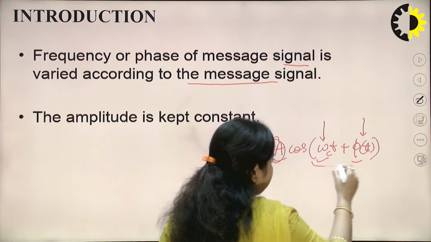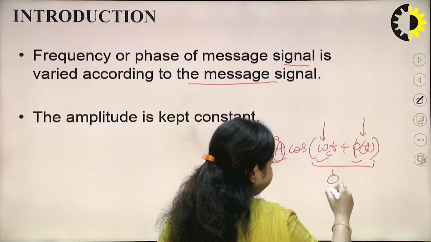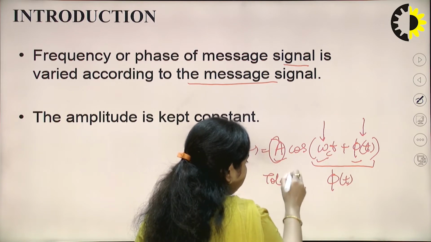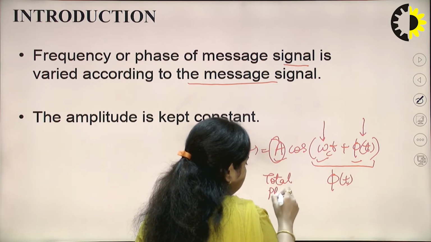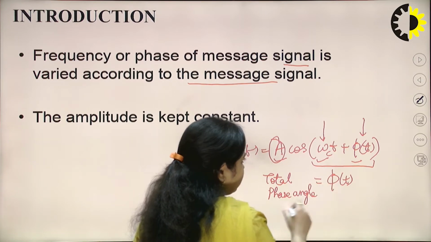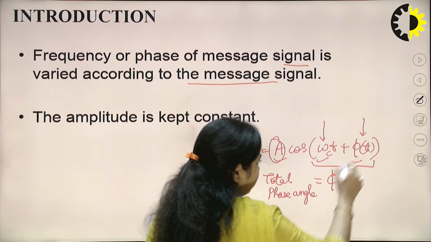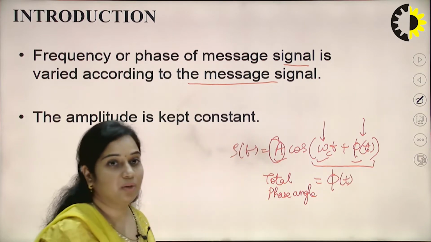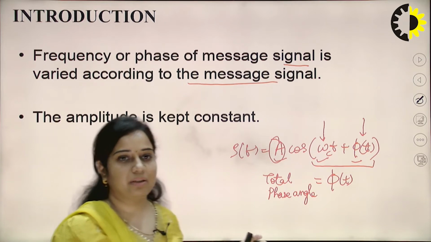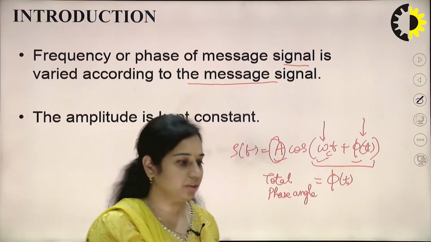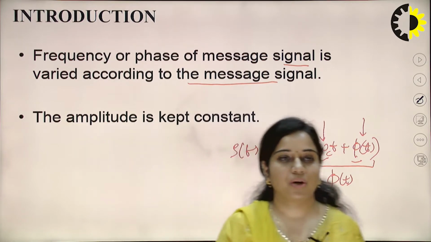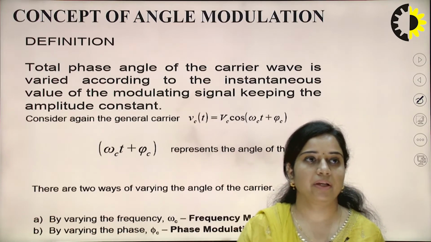If I consider this whole term, it is known as the total phase angle. You can also write phi naught, which means at time t equals 0. From this equation you can see how the phase and frequency of the signal will be changed in angle modulation.